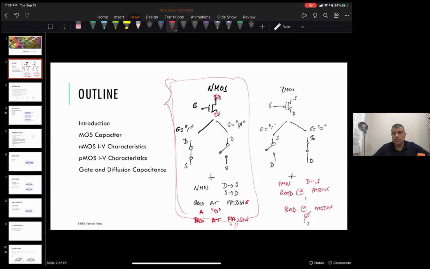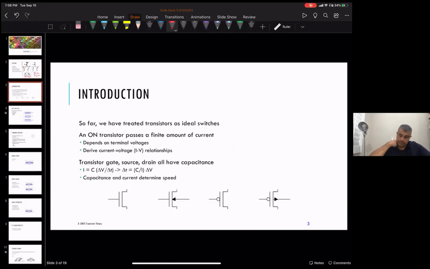But when do we need to enhance that simple model? For example, so far we haven't talked about any transient performance: rise times, fall times, delays. We have to start looking at those.